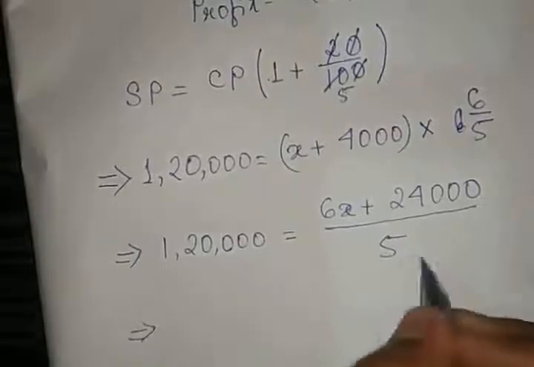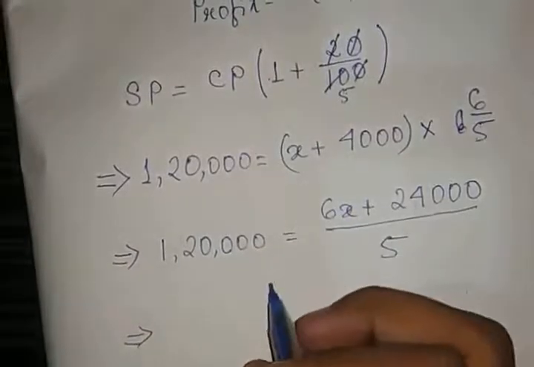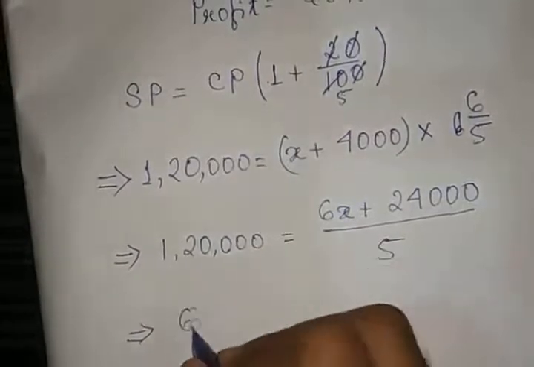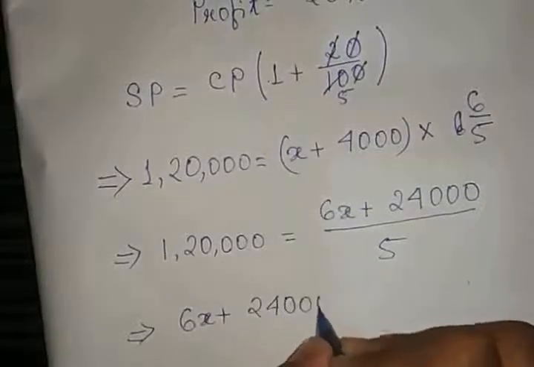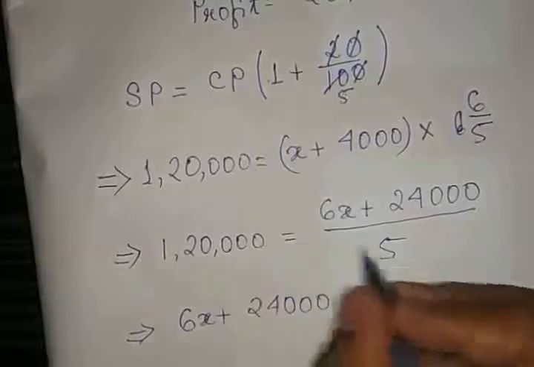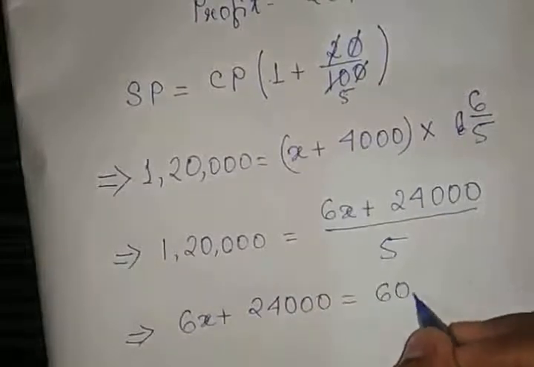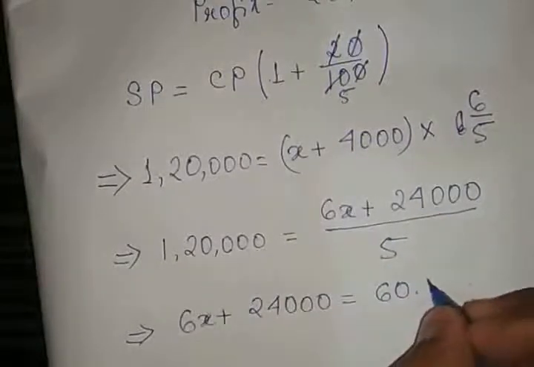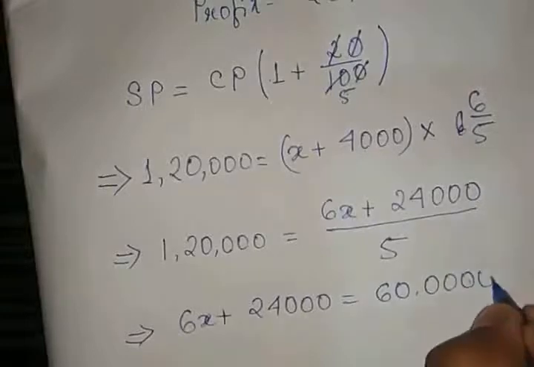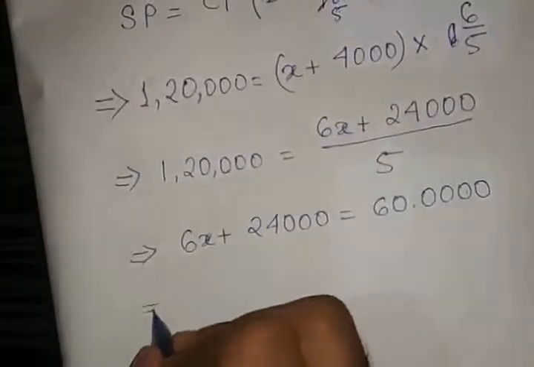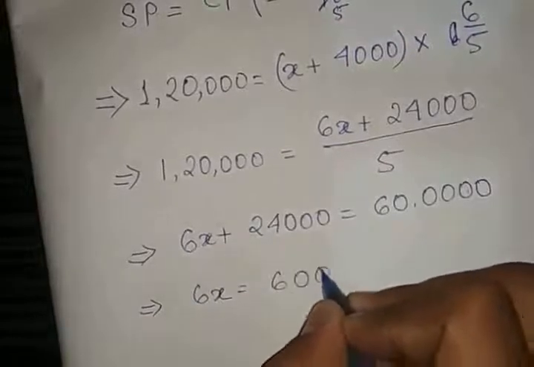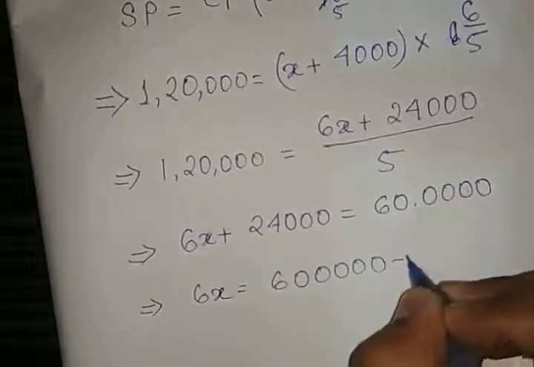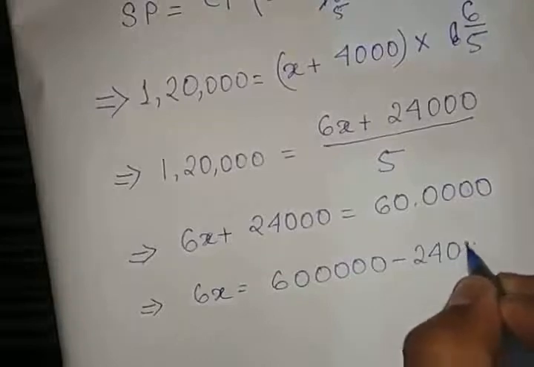Then solve this, cross multiply. This will be 6x plus 24,000. Multiply these two. 12 5s are 60. Then after that 4 zeros were there. Then 6x will be equal to minus 24,000.